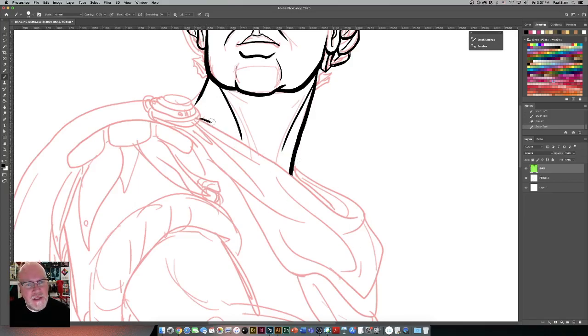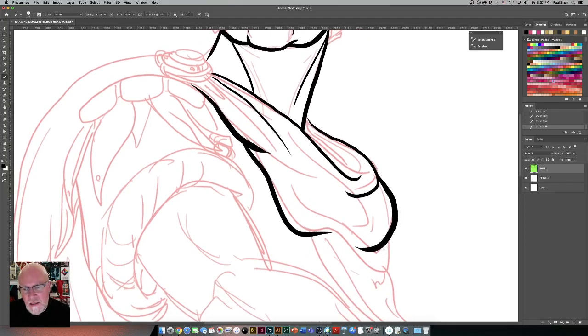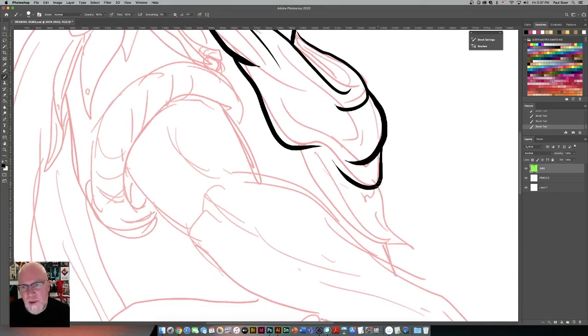So as you're seeing me do this, I'm going to have thinner lines along the top, and then as I pull those lines on the bottoms, those are going to be heavier lines where more weight is on those folds, and then as they move back to the top, they are going to thin out.